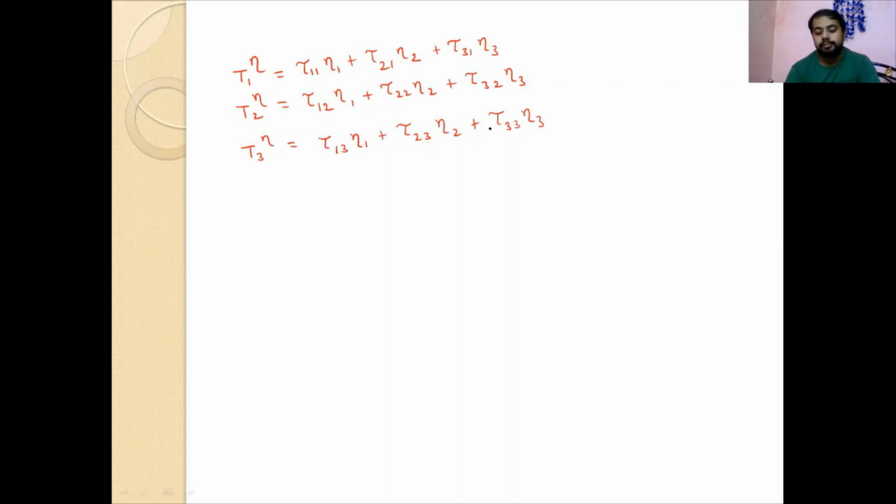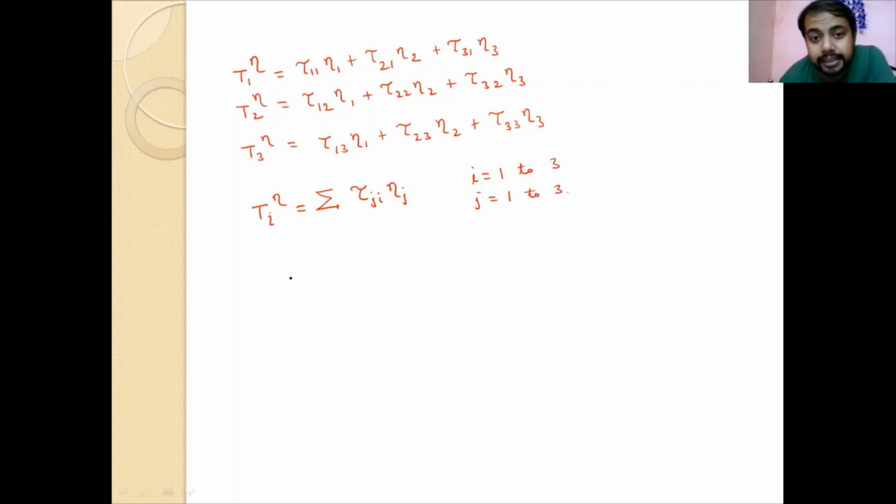So this term can be considered as, we can write it as the summation of tau ji into nj. So i varies from 1 to 3, 1, 2, 3, and j also varies from 1 to 3.